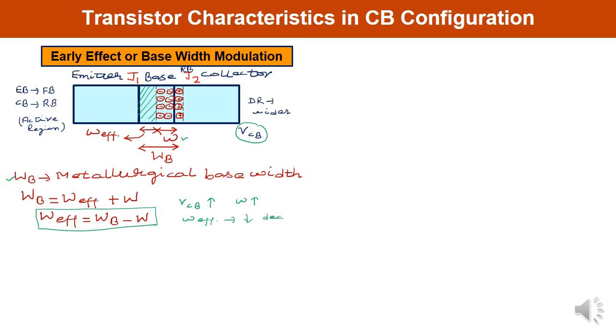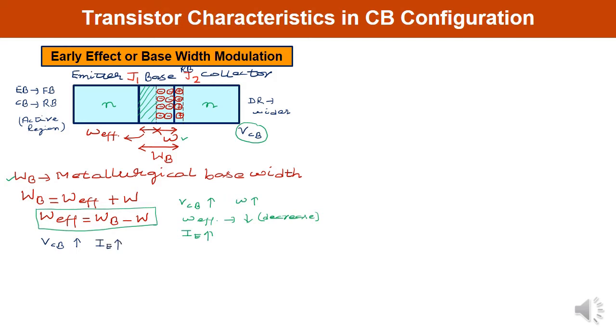And when W effective decreases, the region where recombination takes place will also decrease. Now the electrons emitted from the emitter will reach the collector by passing the base region. It means in this case, emitter current will increase. So what you have concluded is that when you increase VCB, emitter current will also increase.